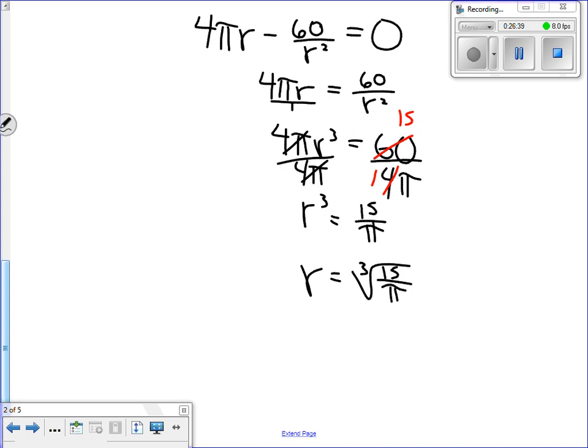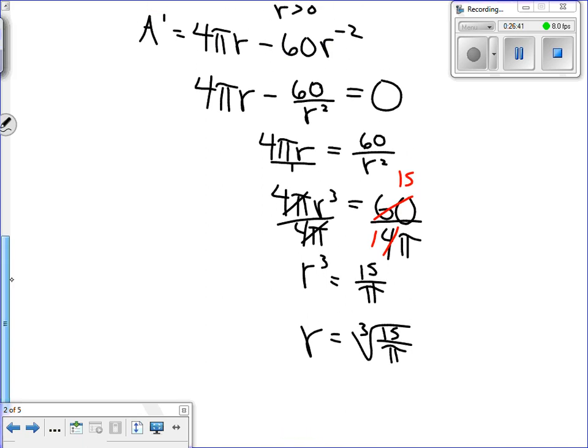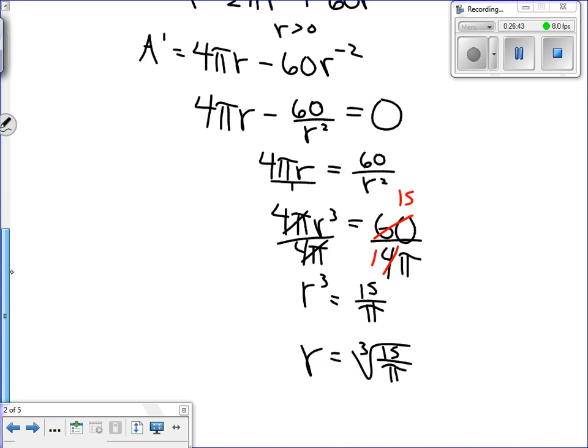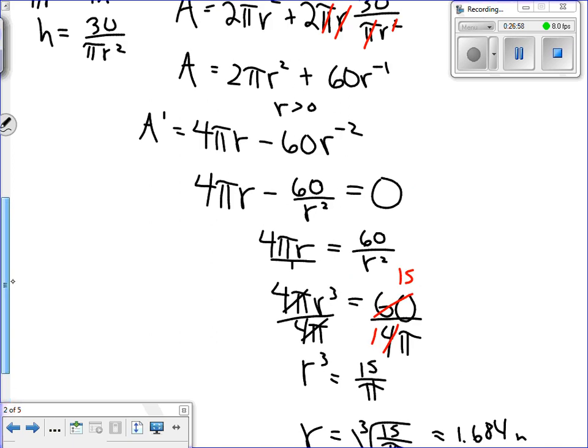Okay, so now we just want to make sure. And that, by the way, if you went to your calculator, that comes out roughly to be about 1.684. All right, but let's make sure that that gives us a minimum area, not a max. So go back to where you had your first derivative and get the second derivative. So that would be 4 pi plus 120 r to the negative 3.